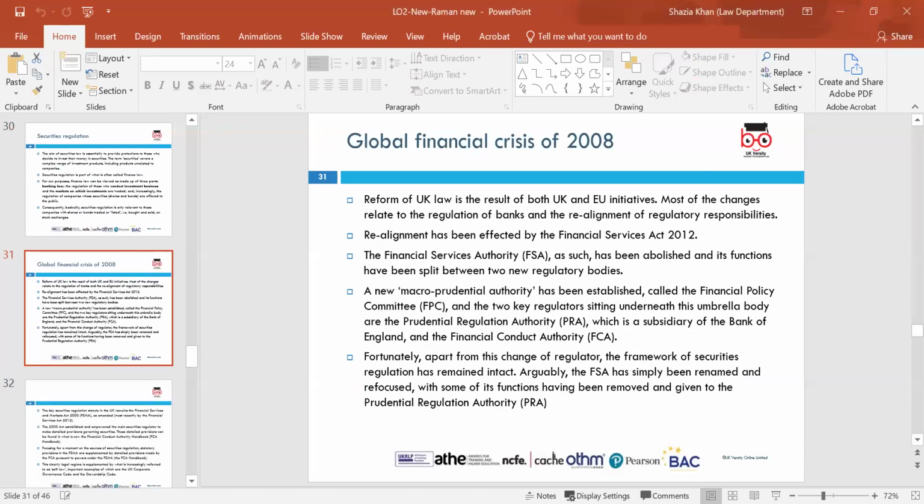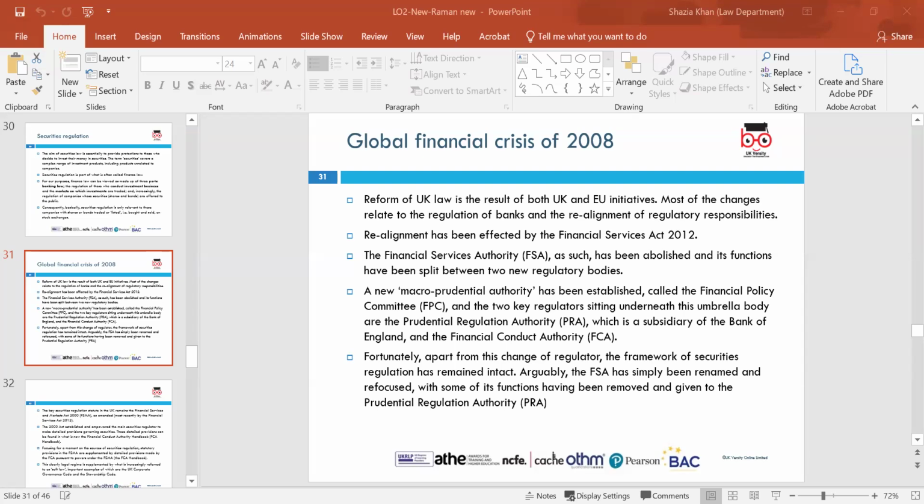The global financial crisis of 2008. The reform of UK law is the result of both UK and EU initiatives. Most of the changes relate to the regulation of banks and the realignment of regulatory responsibilities.